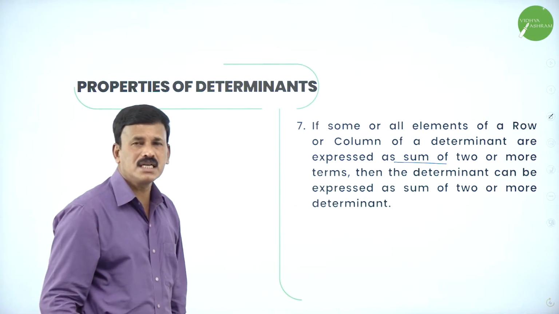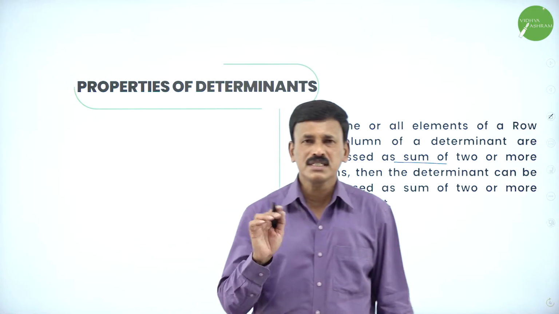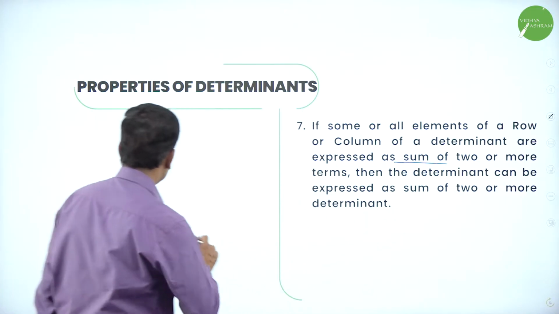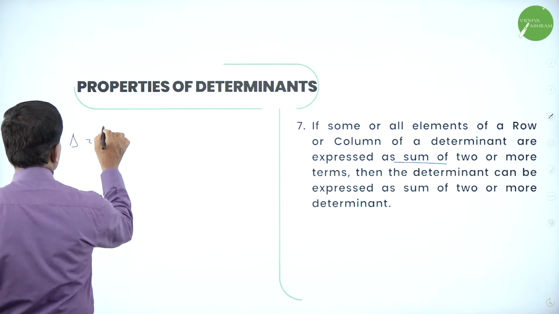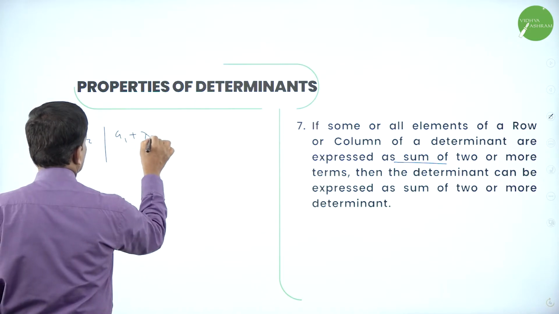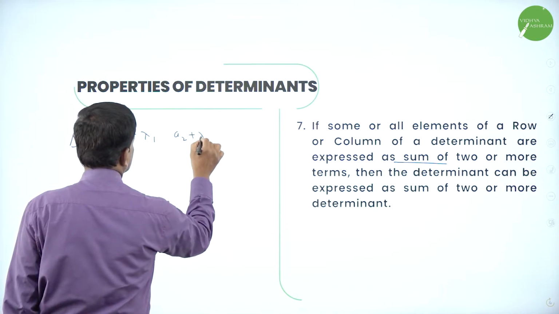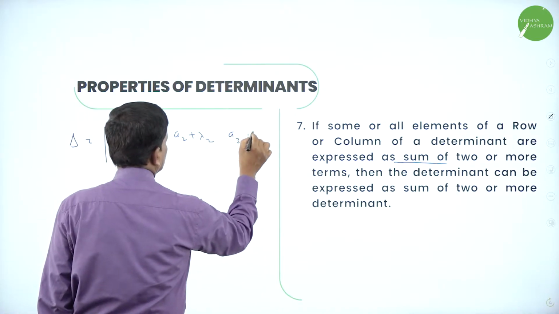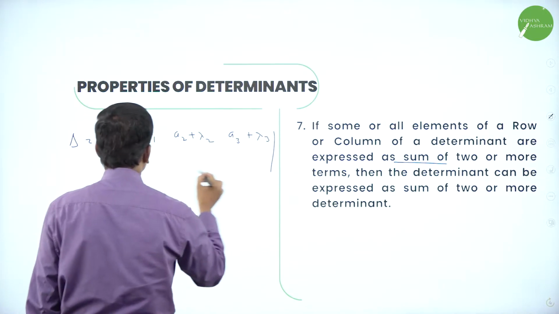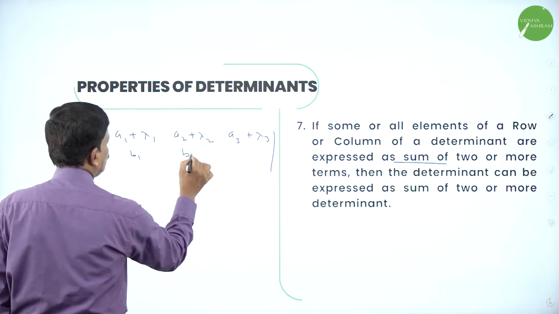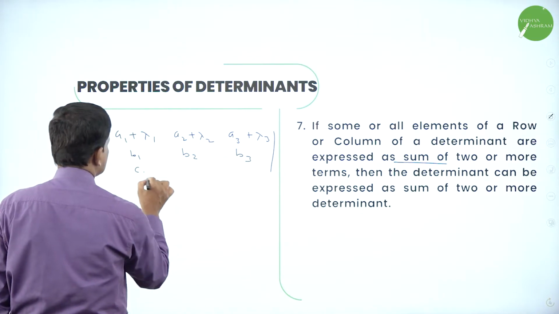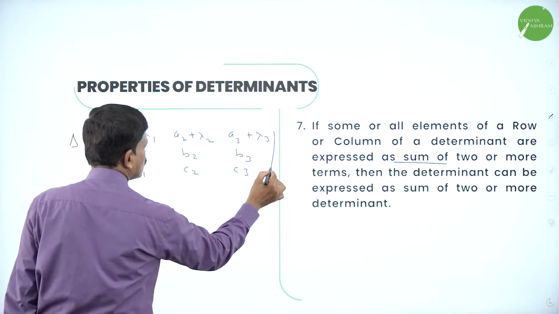Let us consider delta is equal to, first row contains sum of 2 elements. Let us call it delta. Let us take delta is equal to A1 plus lambda 1, A2 plus lambda 2, A3 plus lambda 3. Remaining B1, B2, B3, C1, C2, C3 as it is.